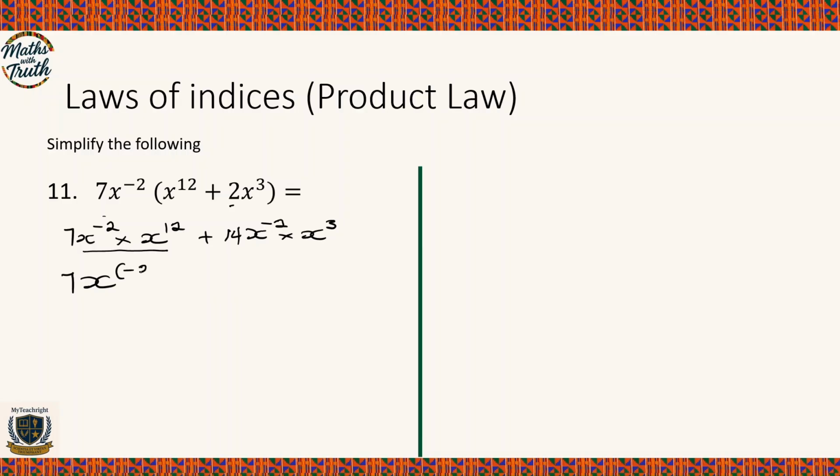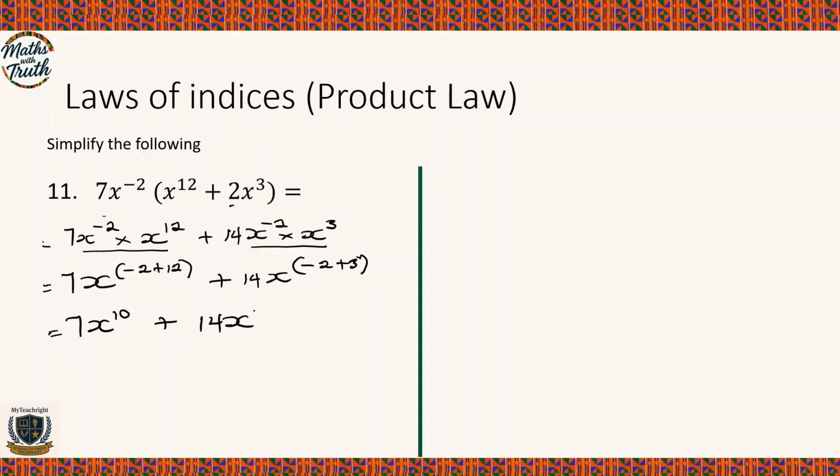We have -2 plus 12, and we have plus 14x. Then here we have the product law, -2 plus 3. And this will give us 7x exponent 10 plus 14x exponent 1.